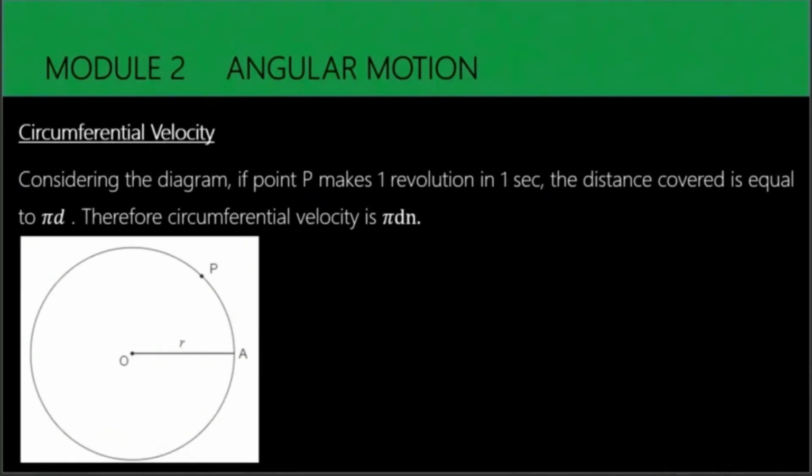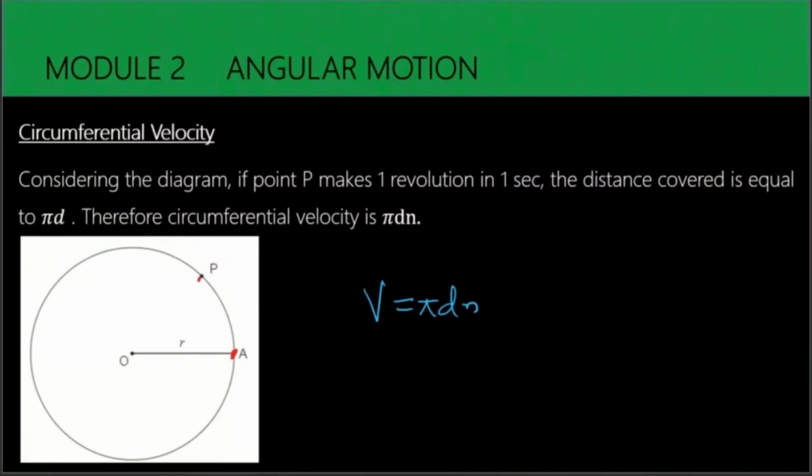Now, with circumferential velocity, there is a general formula for determining circumferential velocity, which is pi dn. The concept comes from this diagram: if we have a point P making one revolution in 1 second, the distance covered will be equal to pi d or 2 pi r.